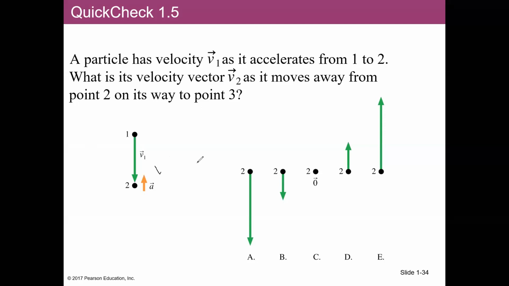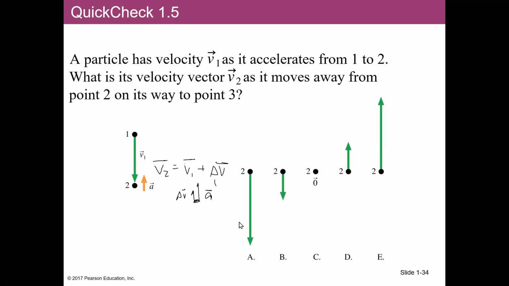So v2 technically equals our first velocity plus the change. First velocity plus our change. Now we just have to remember that the change in velocity vector is proportional to the acceleration vector.